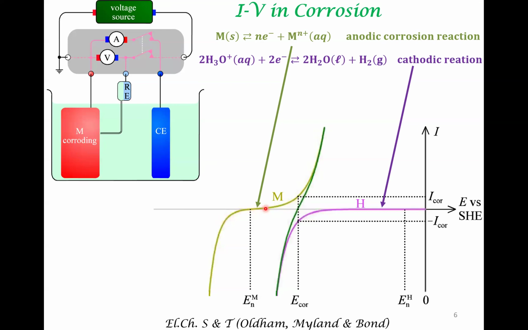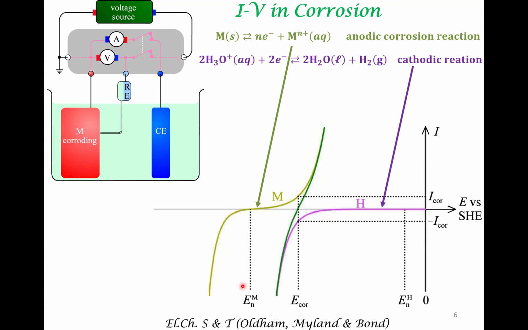So you can map the entire curve by changing the potential of the corroding sample and see how this curve evolves as a function of potential. Likewise, you can also understand how the cathodic current gets modified as the potential changes.